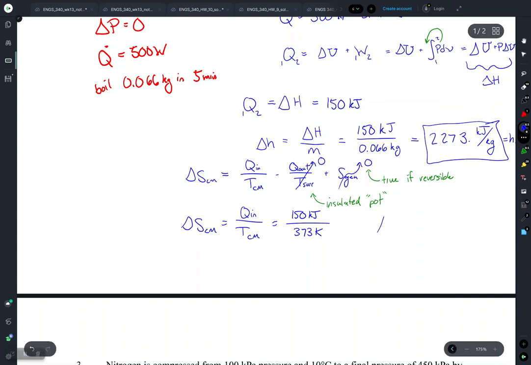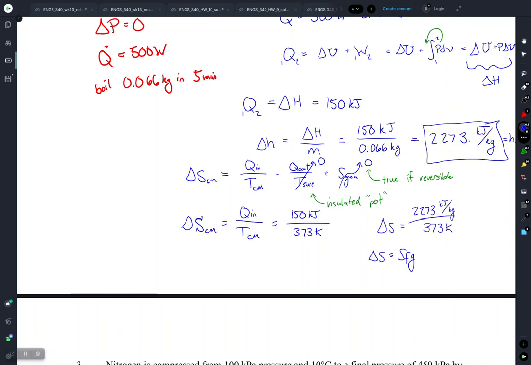So we could say that lowercase s is equal to 2273 kilojoules per kilogram divided by 373 Kelvin. Delta s is equal to s_fg because that's what happened in our system, and that equals 6.09 kilojoules per kilogram Kelvin.